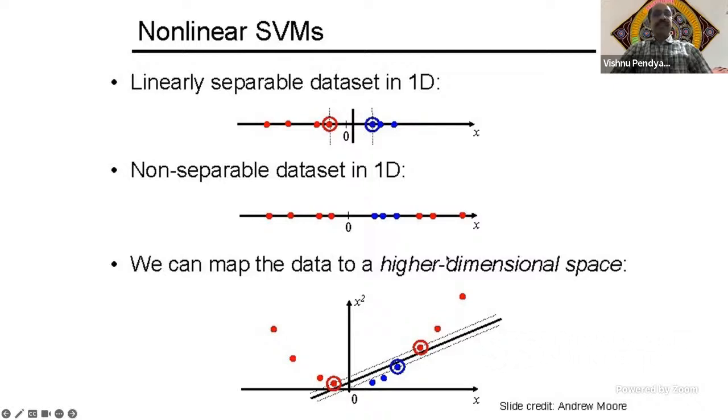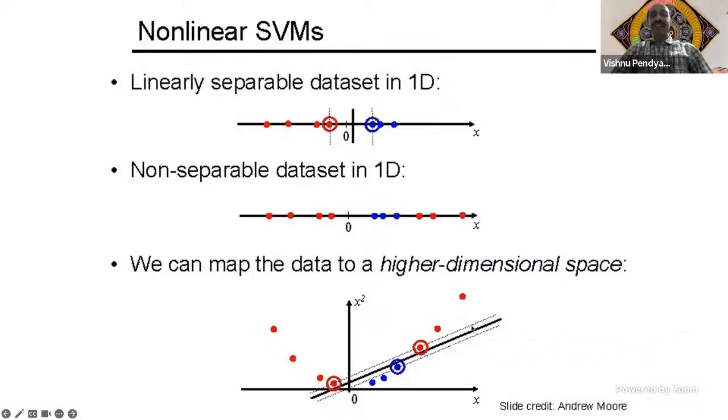So how do we separate this? One idea is to come up with a second dimension called x square. Plot x square on the y-axis and x on the x-axis. Then the points end up in a parabola like this, and you can draw a line like this which separates the red points from the blue points.